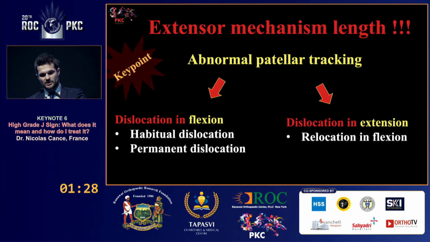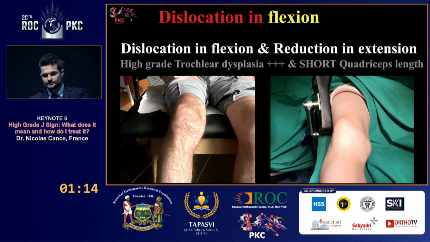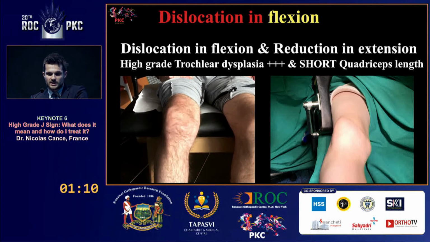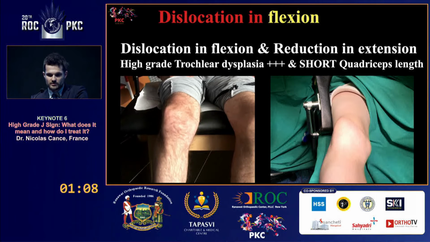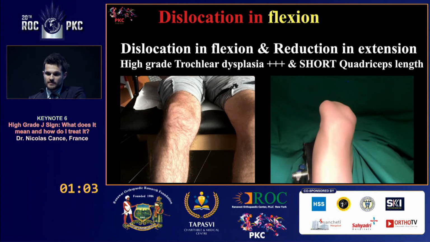After looking at the trochlear dysplasia in case of abnormal maltracking, the second point you need to look at is the extensor mechanism length. Because this is the point that will define if you get a patellar dislocation in flexion or in extension. If you look here, you can see a patella dislocate in flexion and reduce in extension. It's the same here.